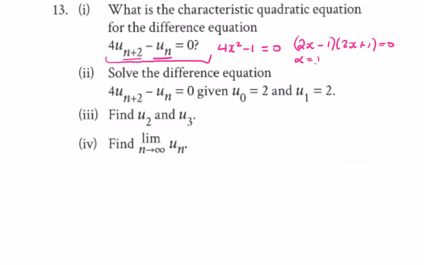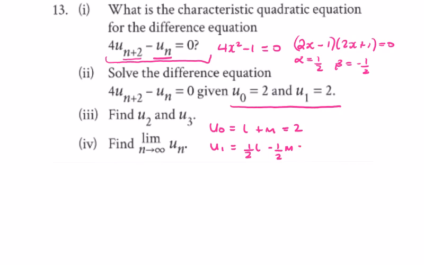So alpha is 1 over 2, and beta is minus 1 over 2. We're asked to solve the difference equation given u0 and u1. So u0 is L plus m, which is equal to 2, and u1 is alpha, a half, times L plus beta, which is minus a half, times m, is also equal to 2.